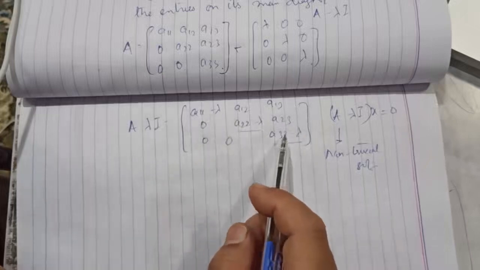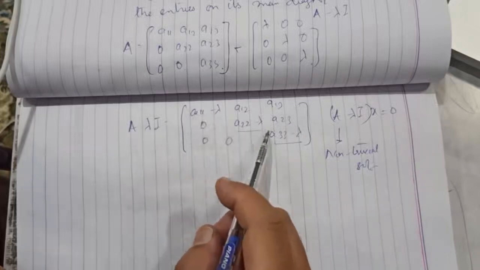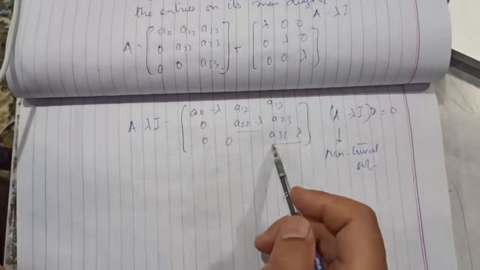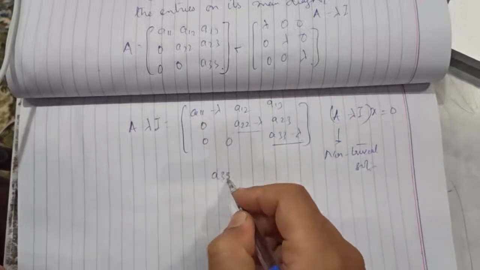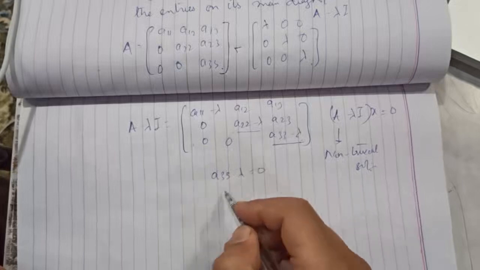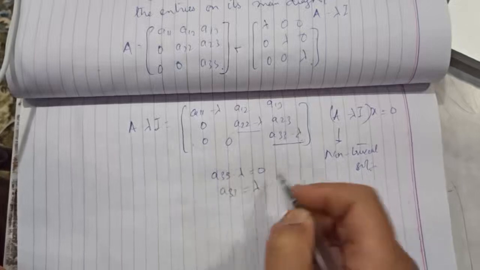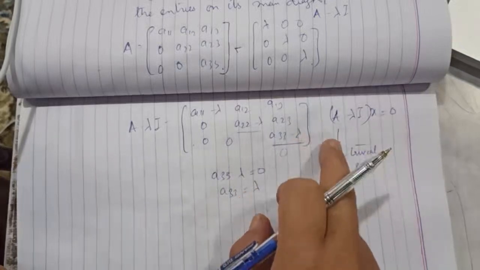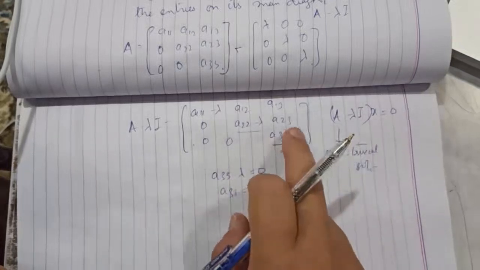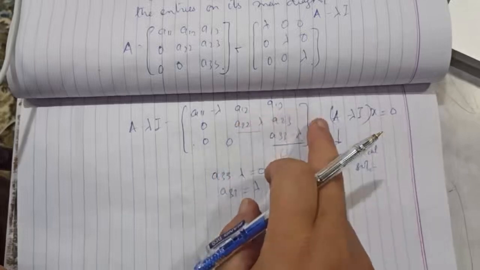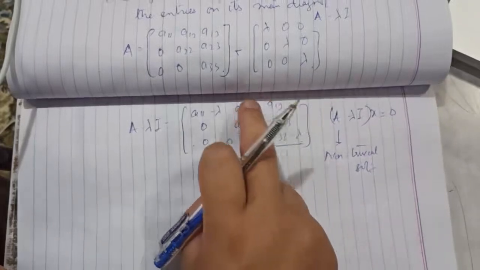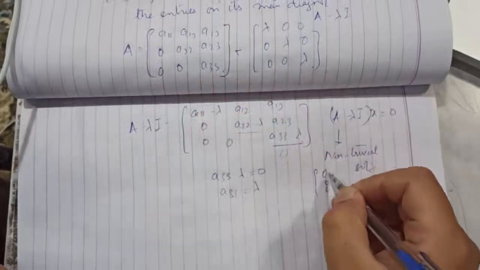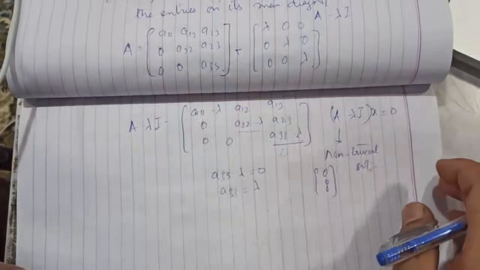If an element of the diagonal becomes 0, for example if A33 minus lambda equals 0, then A33 is equal to lambda, and this entry will become 0. It means x3 will be 0, so x2 is 0, and being x3 0 and x2 0, x1 will be 0. So we have 0 0 0 as the eigenvector, which is not what we require, right?